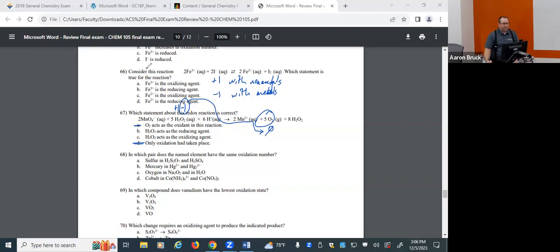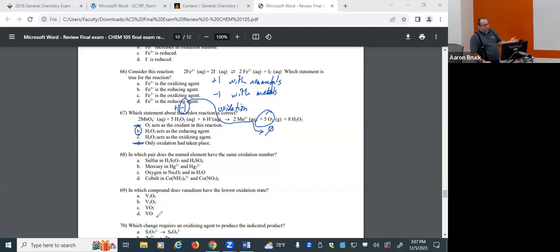Our oxidation number is getting bigger, more positive. The name of that process would be oxidation. So here's an instance where I've got an oxygen that is being oxidized, which means that the peroxide, by definition, is the reducing agent.